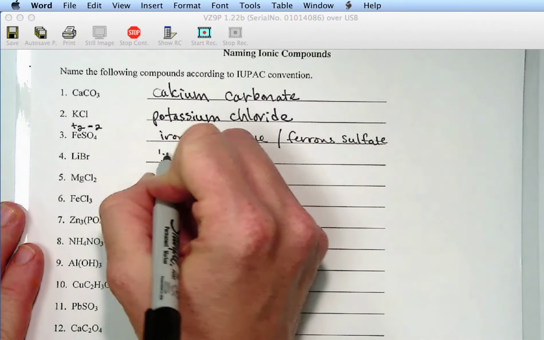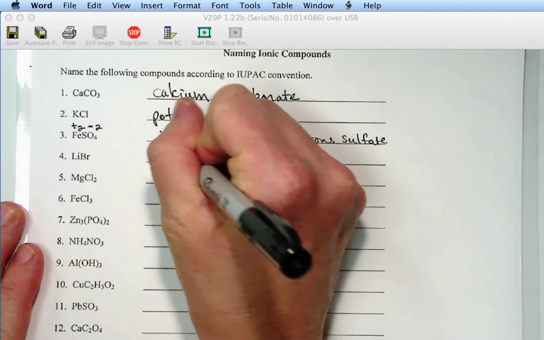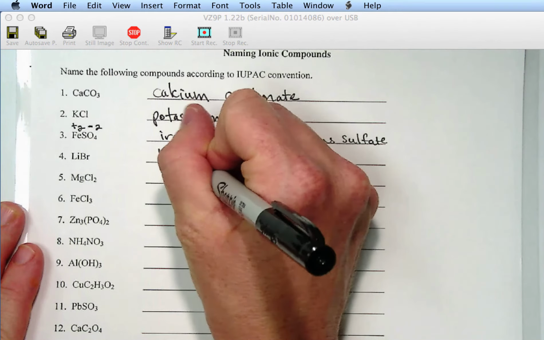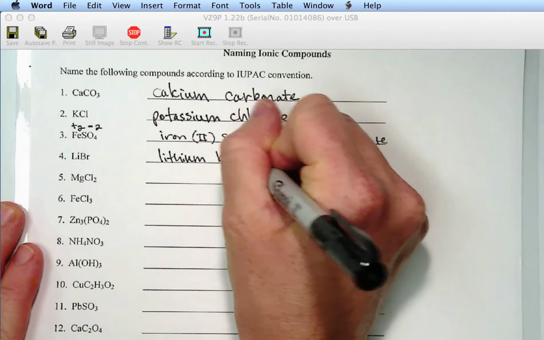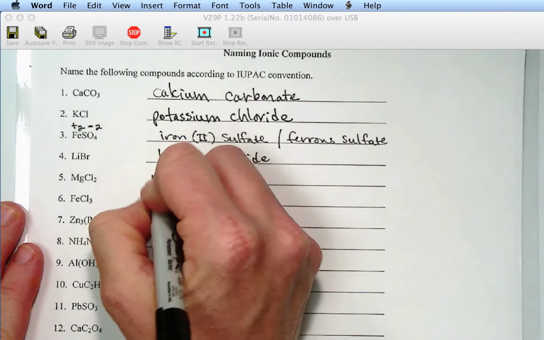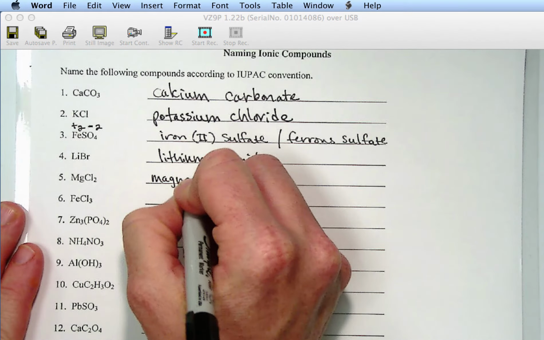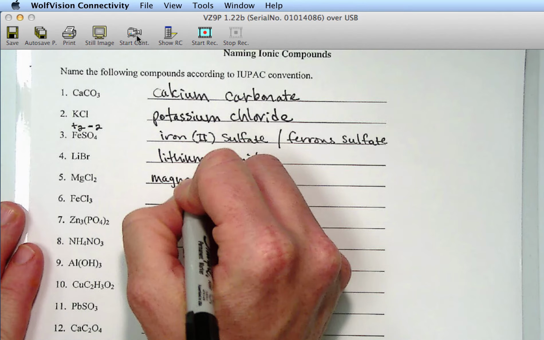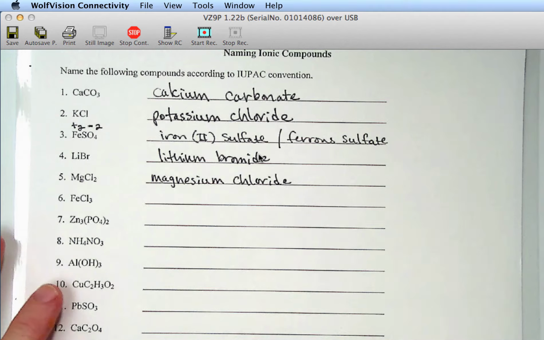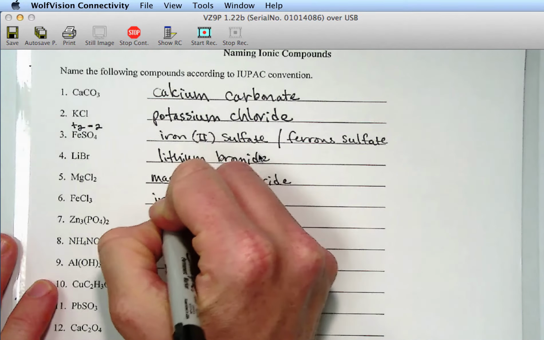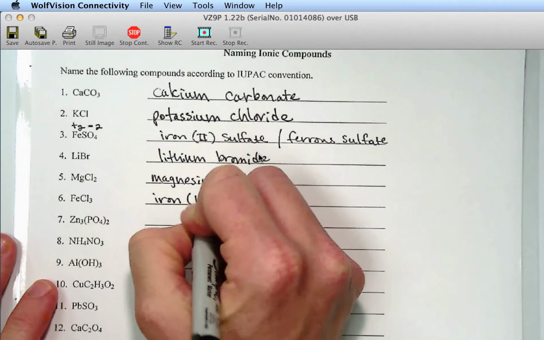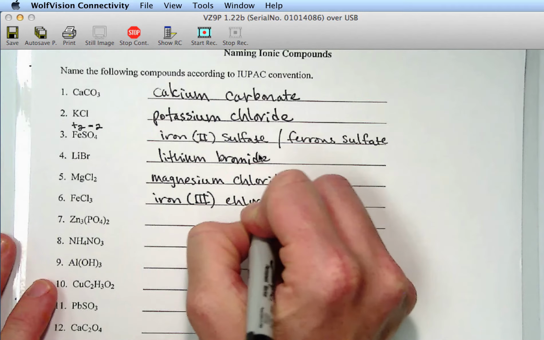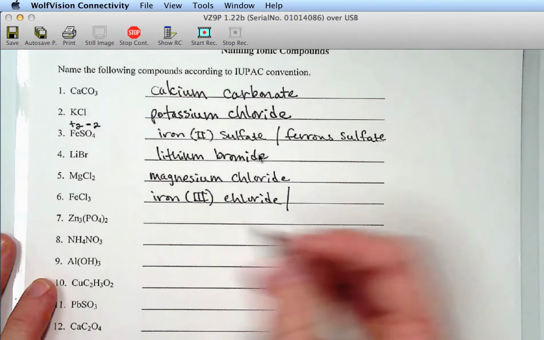Lithium bromide. Magnesium chloride. Iron 3 chloride or ferric chloride.